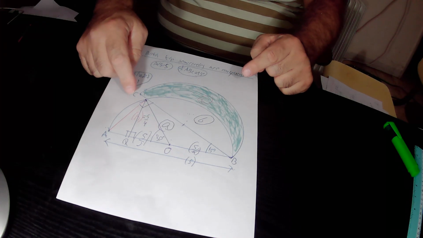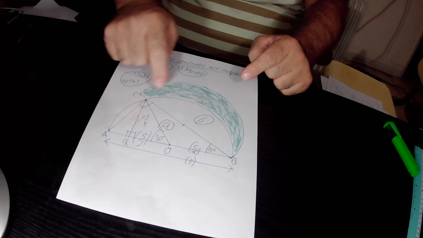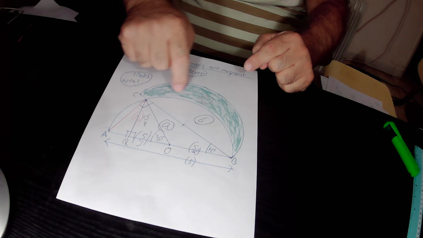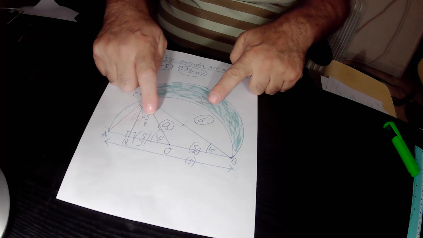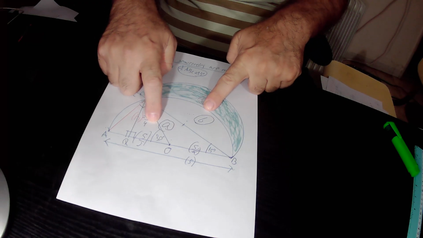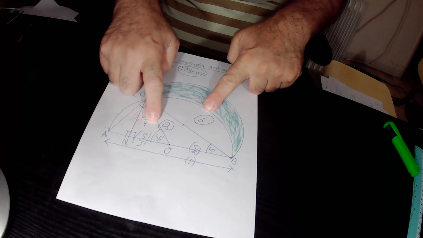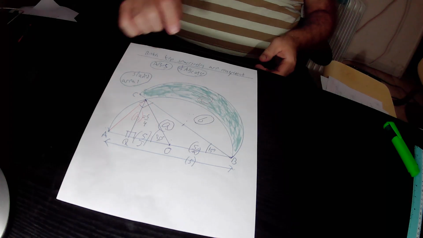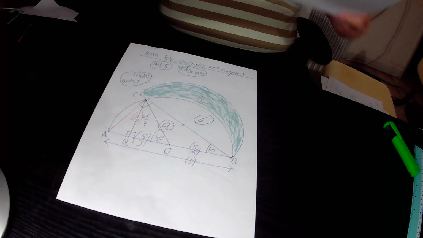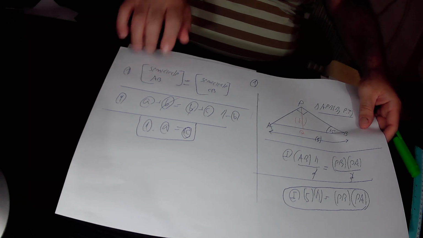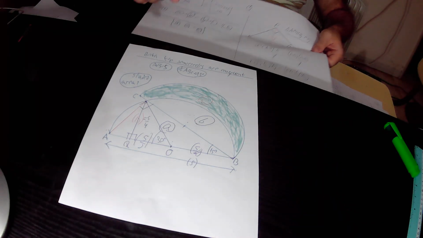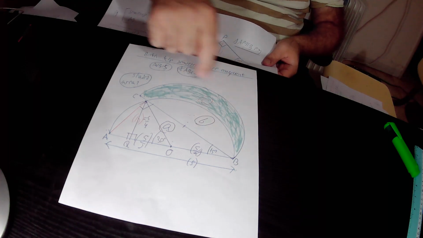The area of this shape APB is A, the area of this second shape is B, and therefore the sum of the areas of those two shapes is the area of this semicircle AB. In total it is equal to A plus B. So the area of semicircle AB equals A plus B, and it is equal to the area of this semicircle CB.